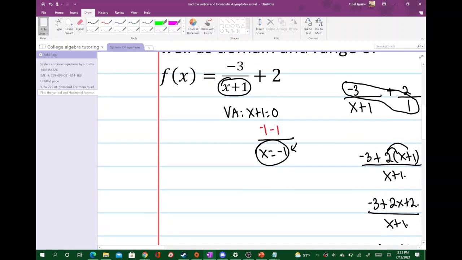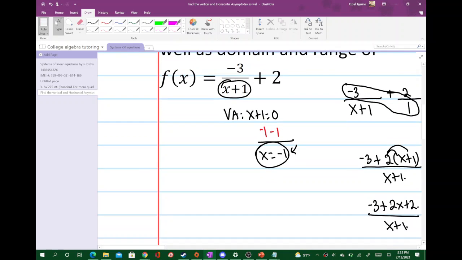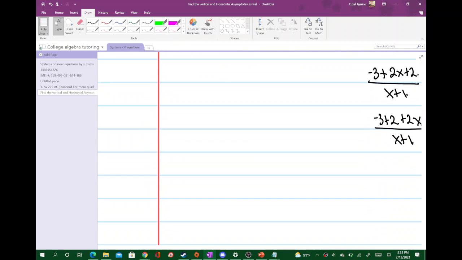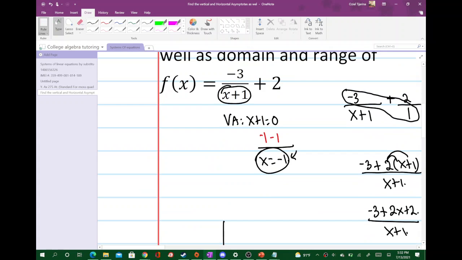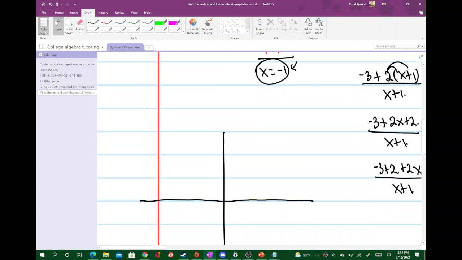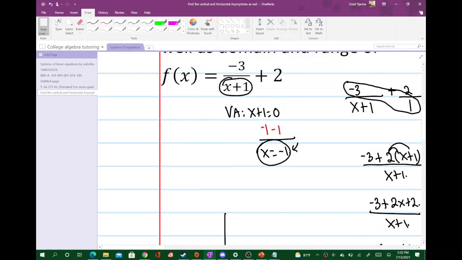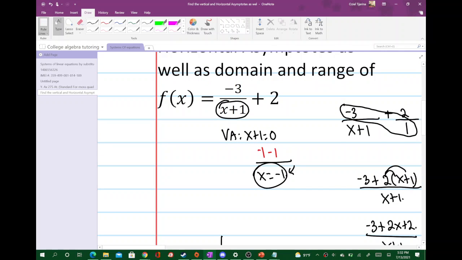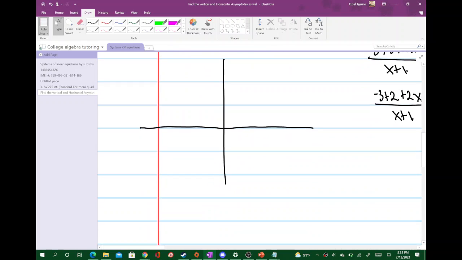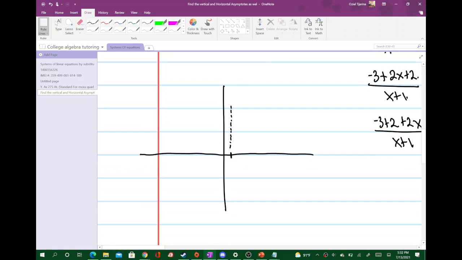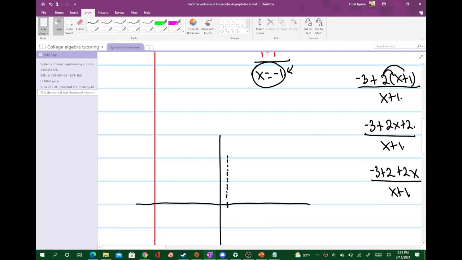Now it wants us to find the domain and range. So here's the thing: if you think about it, you can try to sketch this as best as you can. We have a vertical asymptote at x equals -1.